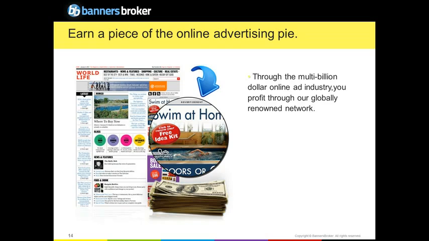Explained another way, here's a website here. And if you're a publisher through the ad inventory, essentially you're renting space on someone's website. So right here, this area right here, let's say that's the space you rented with your ad inventory. What that means is every time an advertiser advertises in that space, since you're the owner of it because you're renting it, you're going to earn revenue. And you'll keep earning revenue as long as the ads are there.